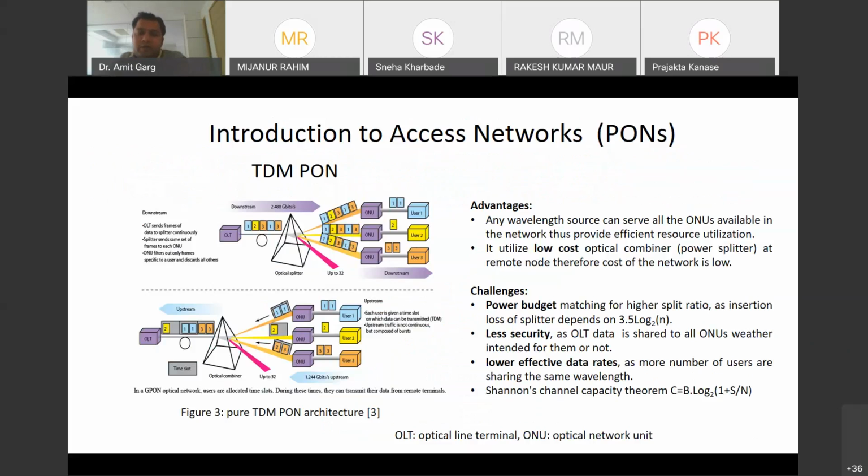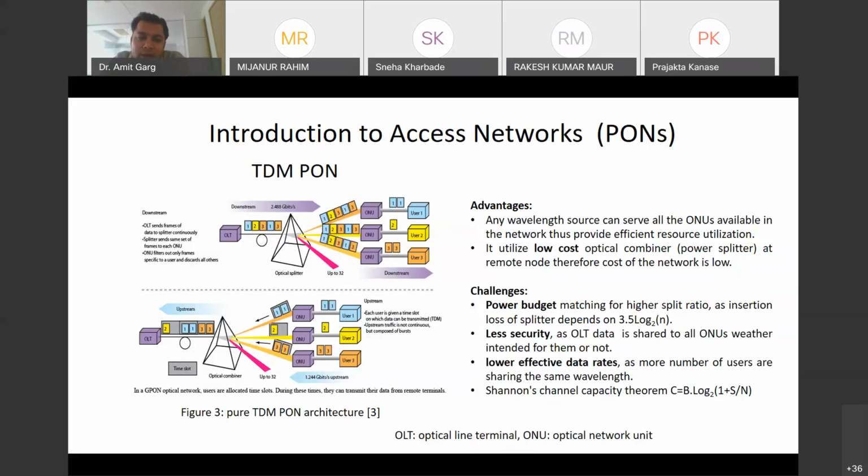So, introduction to access networks. Basically, the passive optical network is the network that is responsible for providing internet services to the last user. In this we have two kinds of popular PON technology, that is the TDM PON and WDM PON technology.